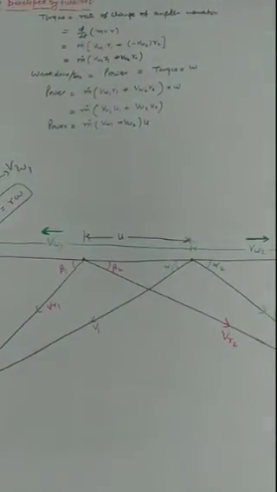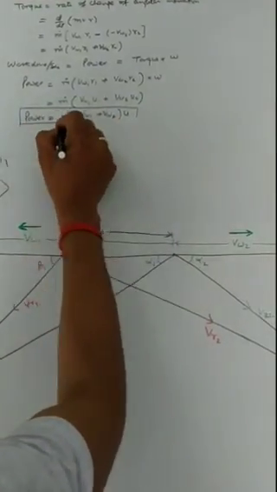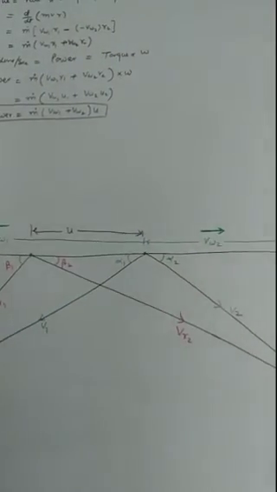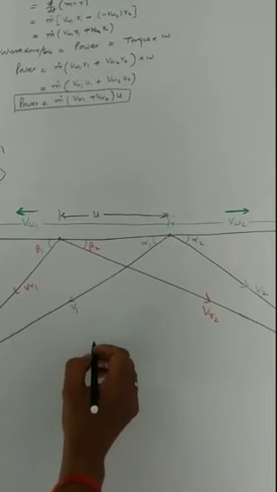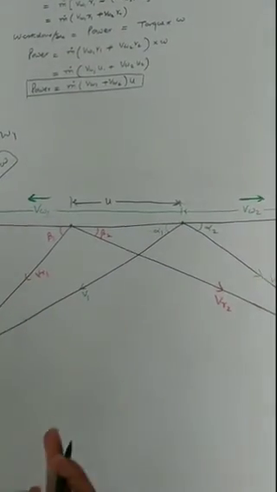Okay, now this is the power generated in one stage. Staging is the number of turbines connected.